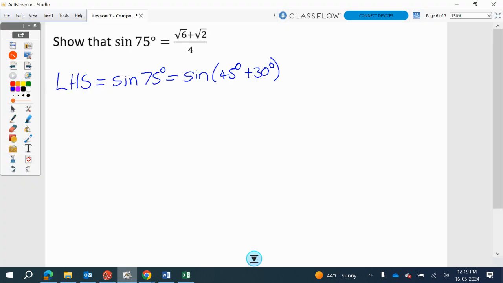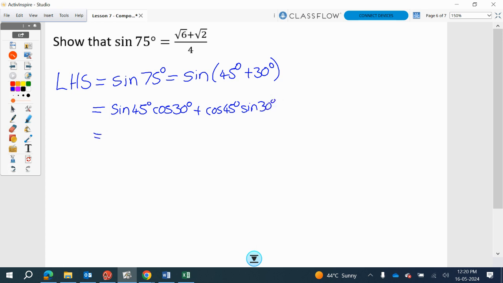All right, so we can use the compound angle identity now for this one. And this is going to give us sine 45 cosine 30 plus cosine 45 sine 30.